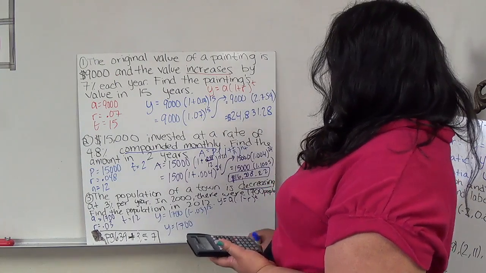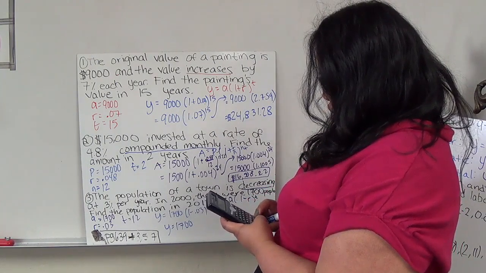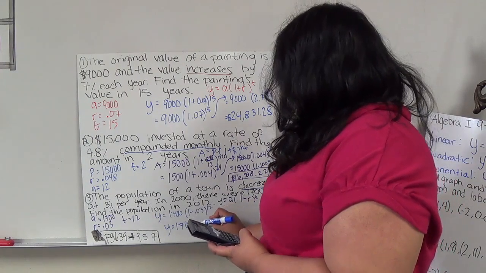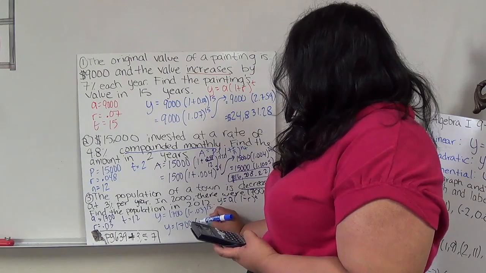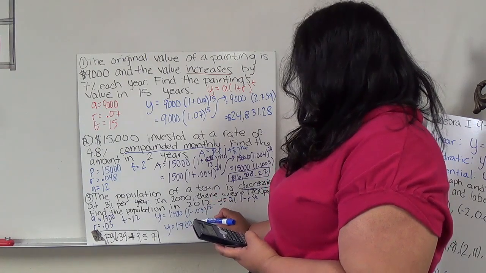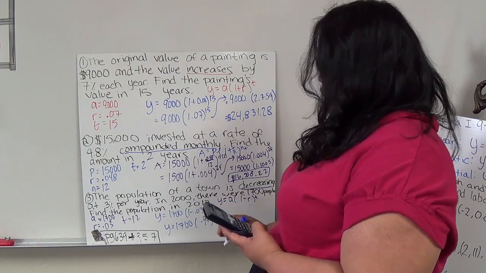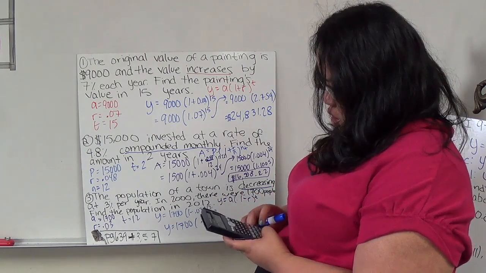So let's start again with here, 1700. Oh, sorry, we don't do the decimal first. First we're going to do 1 minus 0.03, and then we're going to do to the power of 12.